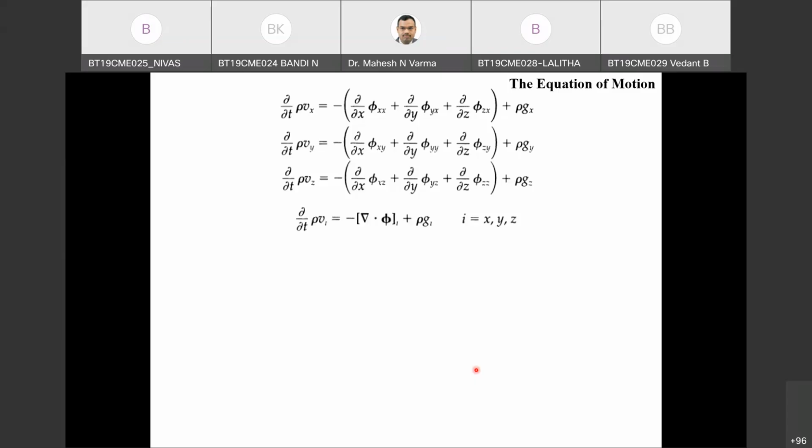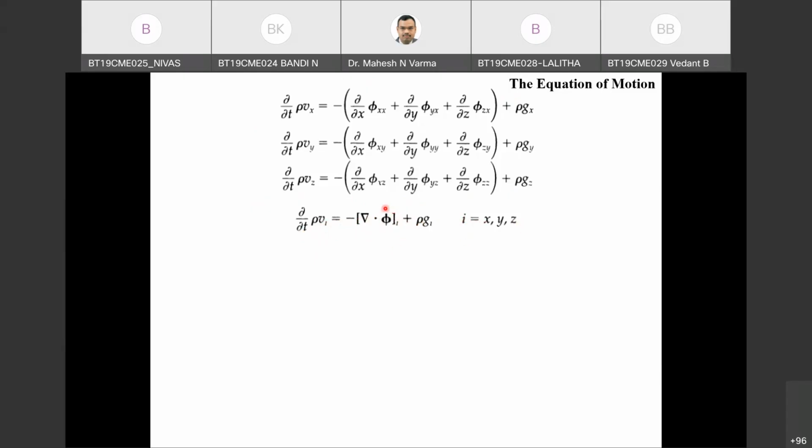Now, as I told, the importance of mathematics: instead of remembering these three big equations, you can just remember this small equation, ∂/∂t of ρvi equals minus del dot φi plus ρgi, where i varies from x, y, z.